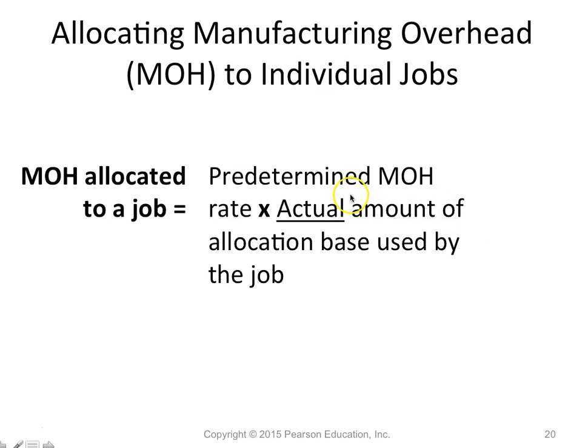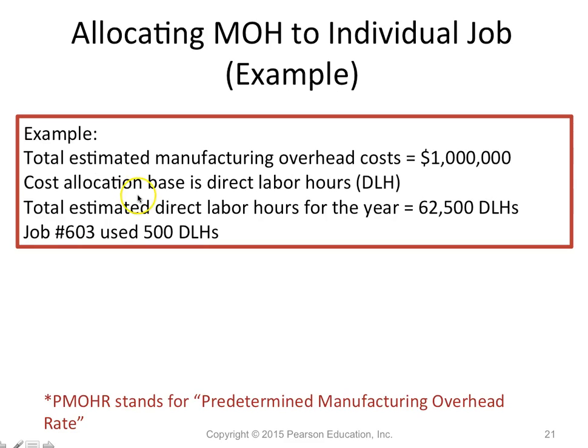When we allocate manufacturing overhead to individual jobs, we use the predetermined manufacturing overhead rate times the actual amount of allocation base used by the job, so we can find out how much cost has been allocated to each job.